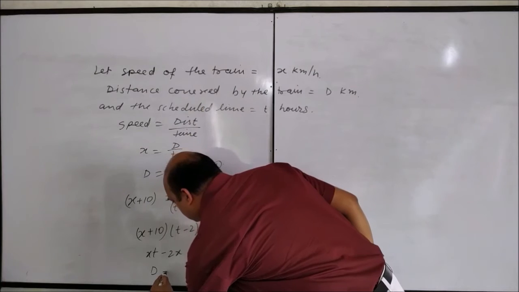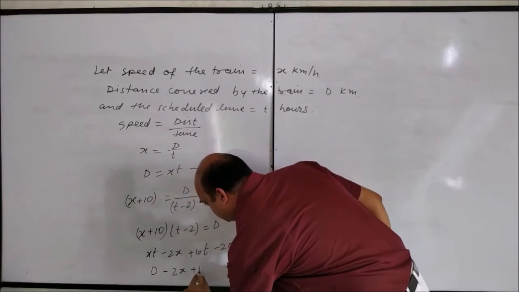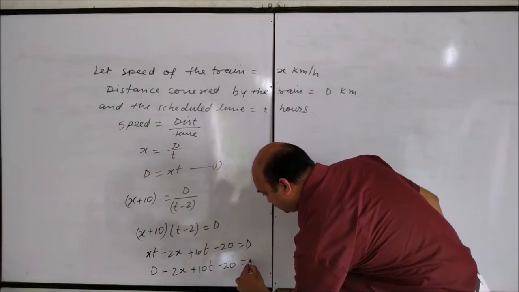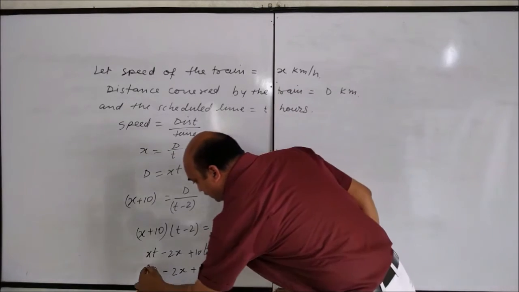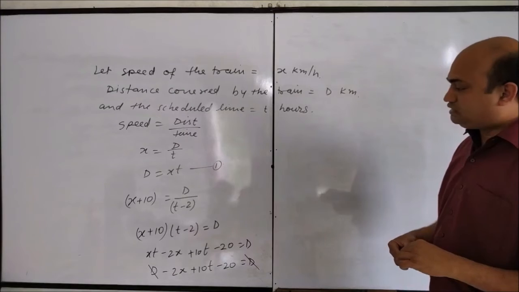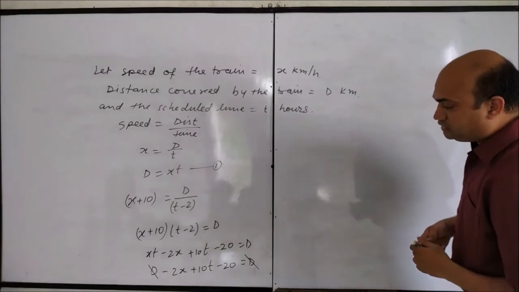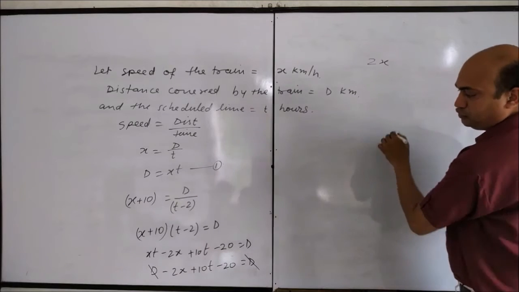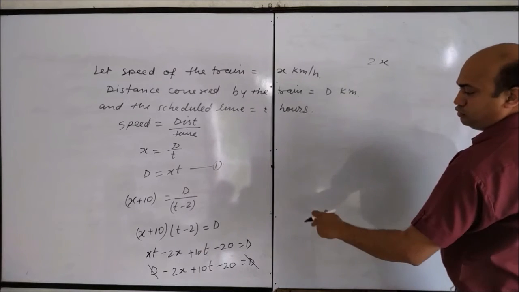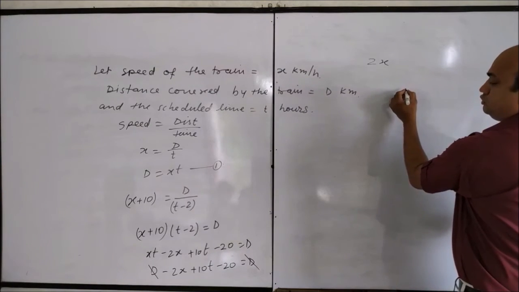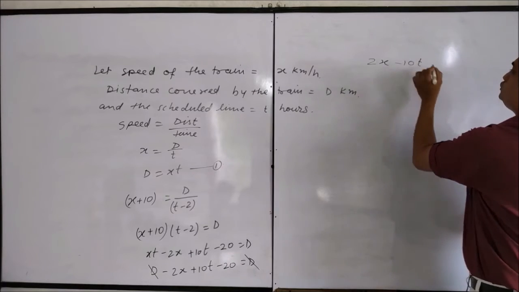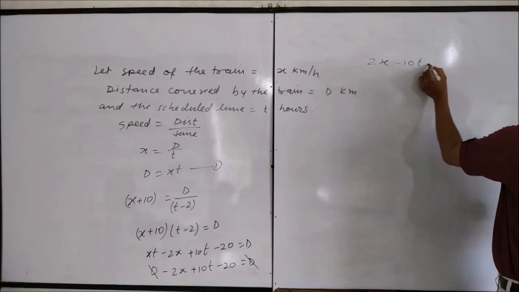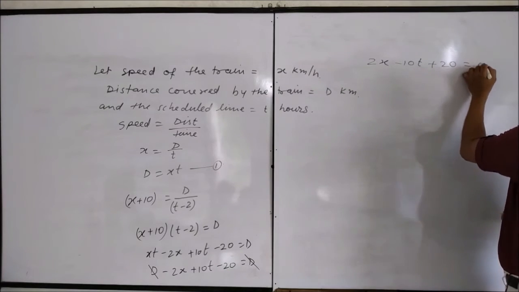So it is d minus 2x plus 10t minus 20 is equal to d. This d and this d we cancel out. Then we will get 2x minus 10t plus 20 is equal to 0.